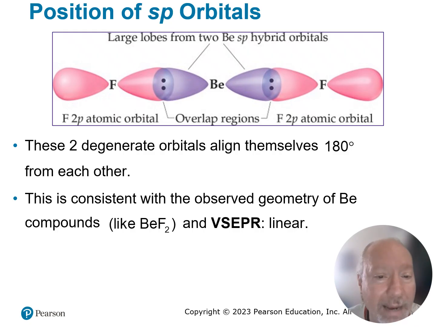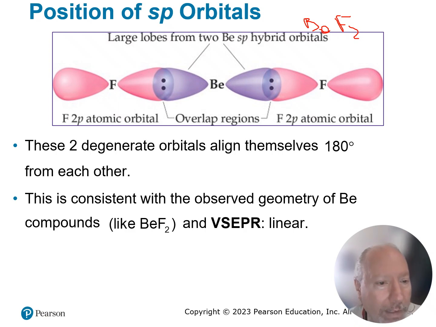So we could take BeF2. This again is going to be sp. And the orbitals, well, it's not going to be s if we don't have hydrogen in this case.